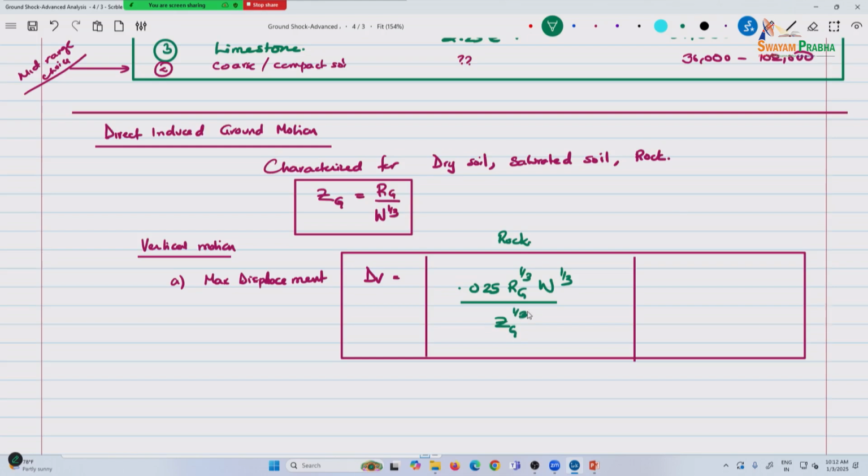And if it is for dry and saturated soils, the coefficient is different, 0.17 R sub G to the power 1 over 3 W to the power 1 over 3 divided by Z sub G, I'll check on this, to the power 2 by 3.